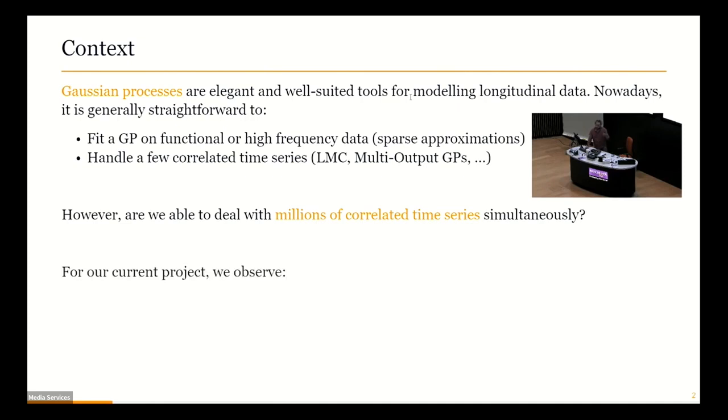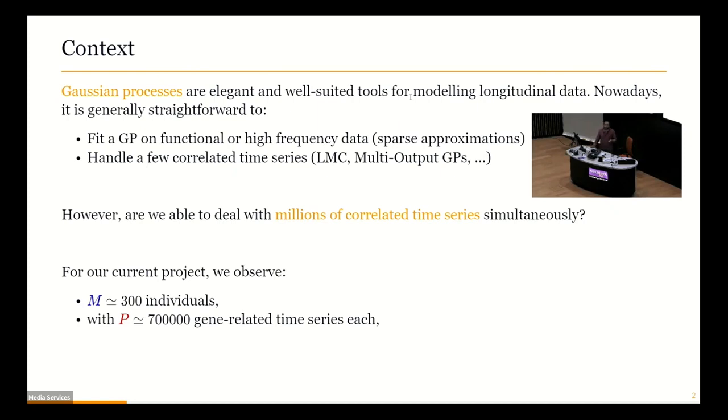As a project illustration, I will talk to you about the data that we have on children in Singapore. In this kind of data set, we observe 300 individuals, 300 children, and for each of them, we have 700,000 time series, which correspond to gene-related information, namely methylation values, which are basically, for us, a number between 0 and 1.